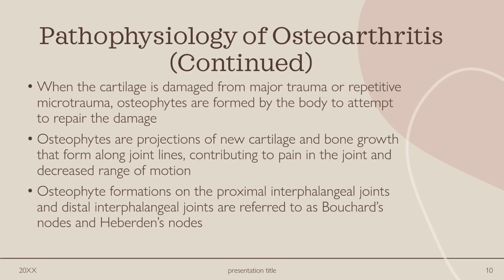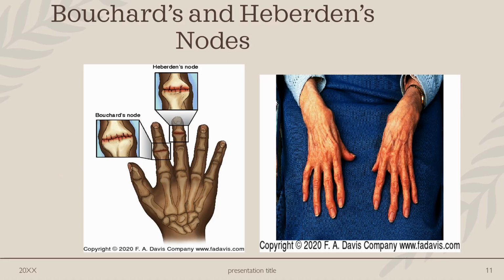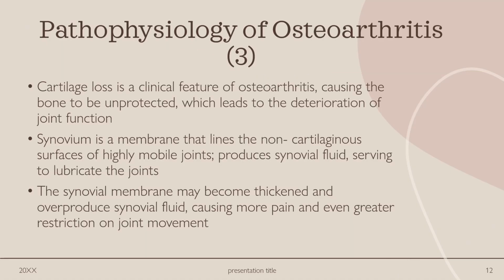Osteophyte formations on the proximal interphalangeal joints and distal interphalangeal joints are referred to as Bouchard's nodes and then Heberden's nodes. Cartilage loss is a clinical feature of osteoarthritis, causing the bone to be unprotected, which will lead to the deterioration of joint function.